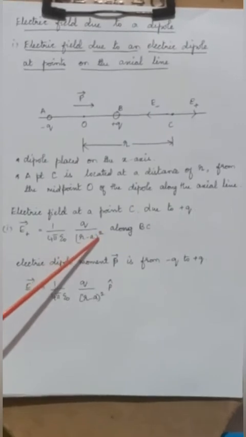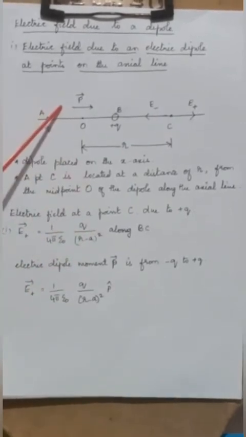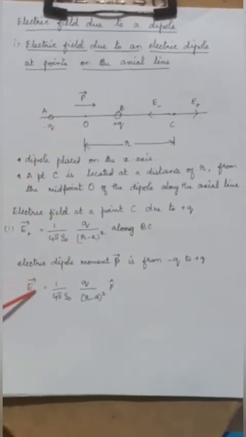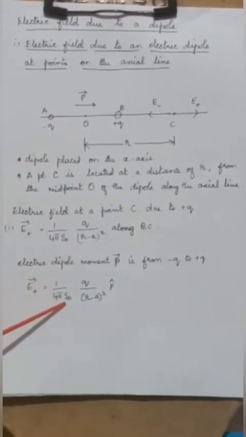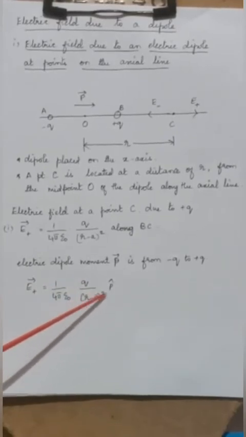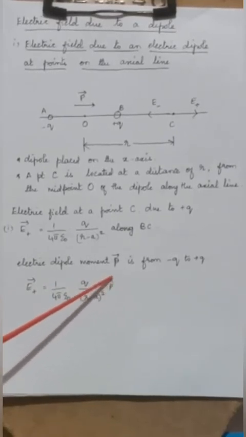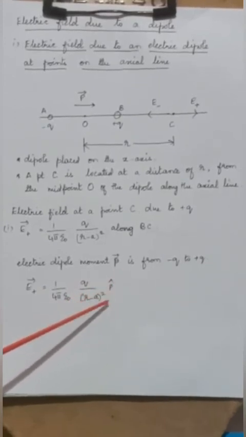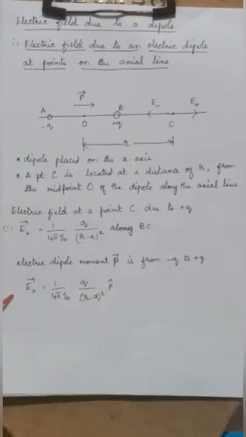But I always have the moment also in it. There is a dipole moment. So this E plus is equal to 1 by 4 pi epsilon naught q by r minus a the whole square into p vector. It's not actually the null vector which is introduced here. Okay children, till here you understood, right?